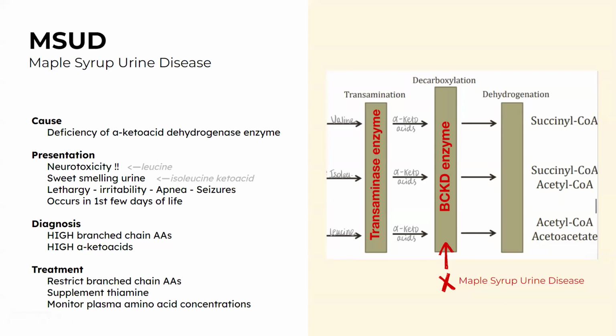Because if it progresses and you don't diagnose it, it will cause really damaging effects to their nervous system, like mental retardation, seizures, and so on. You need to catch it early on, and it might even be fatal if you don't catch it early enough. So just keep monitoring plasma amino acid concentrations, supplementing thiamine, and restrict their diet from the branched chain amino acids.